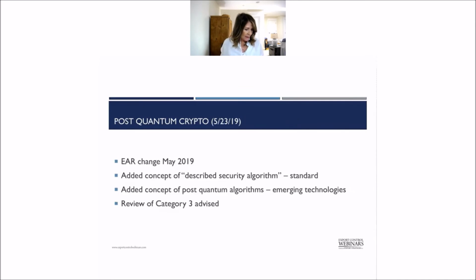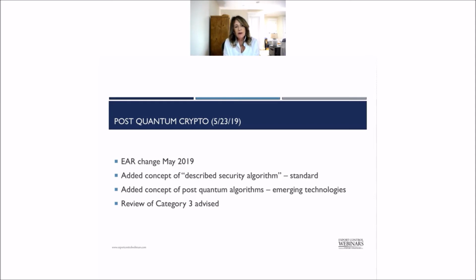Our next change was published by the US in May of last year, and it relates to post-quantum cryptography. It was also agreed to at the Wassenaar 2018 plenary. The reason I think it's significant: let me back up a little.